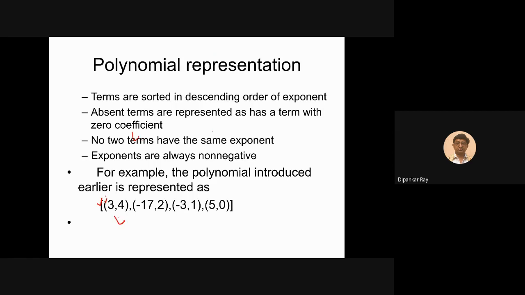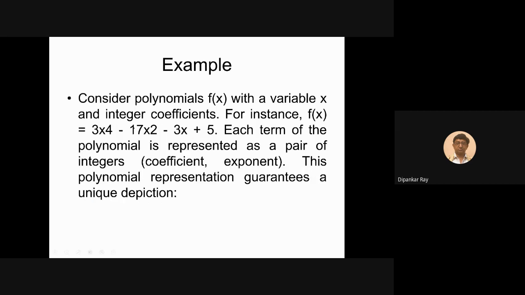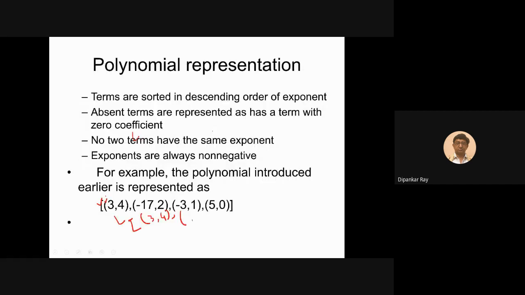So I have written a list of tuples: 3, 4, then comma, next coefficient minus 17, power 2, then comma, coefficient minus 3, power is 1, then the constant term, coefficient is 5 and the power is 0.